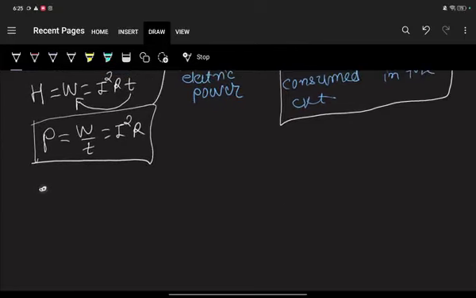So power, we can write it as P is equal to VI, or as I square R. And if you substitute the voltage here, we need this expression V square upon R. How will we get it?